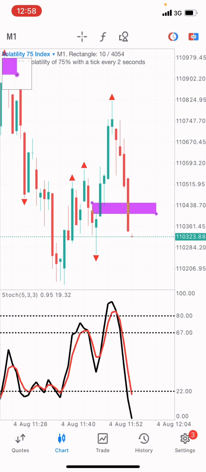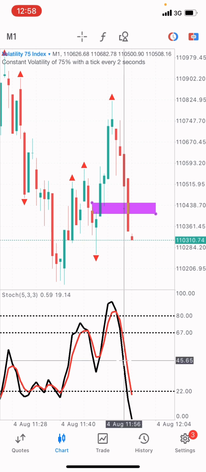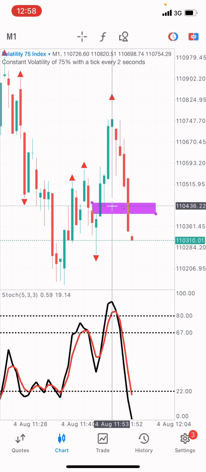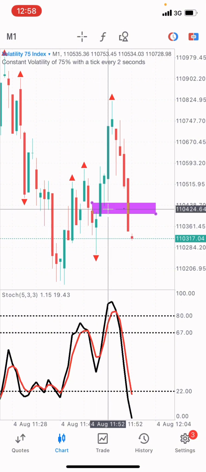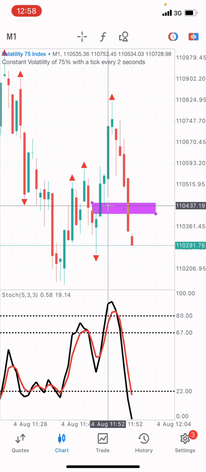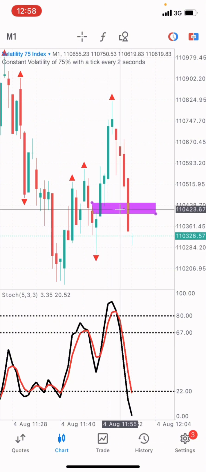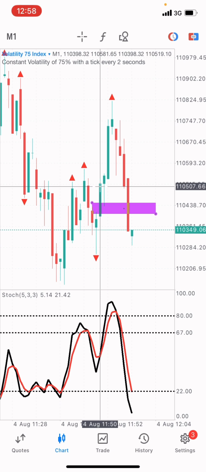When the market has sold and has started to buy, then when it crosses above this line that I just drew, the market will buy.